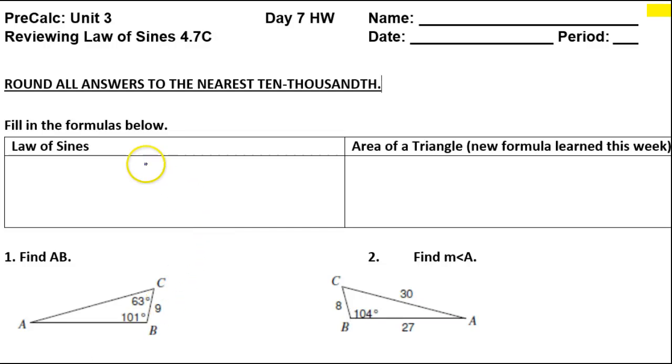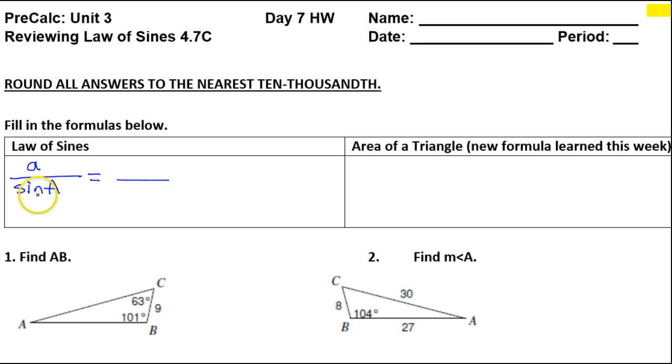In this video, we will review the law of sines and how to find the area of a triangle using two sides and the included angle. First of all, remember that the law of sines is like this. A side divided by the sine of the opposite angle will be the same for every pair of side and opposite angle.